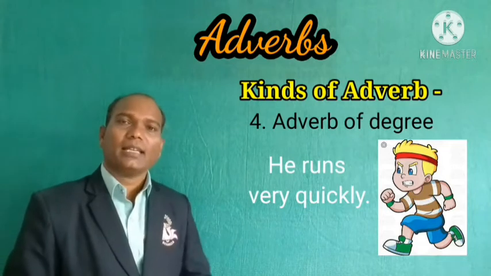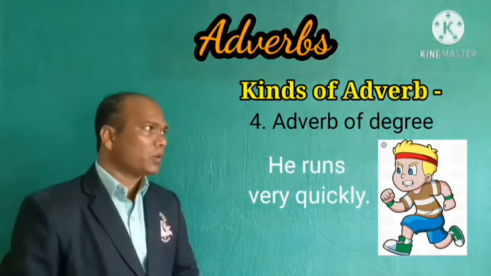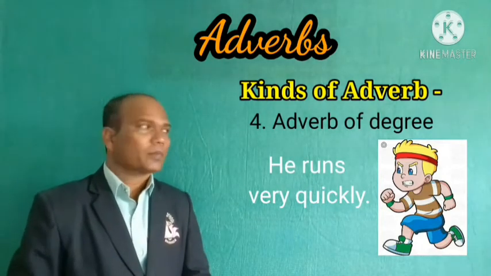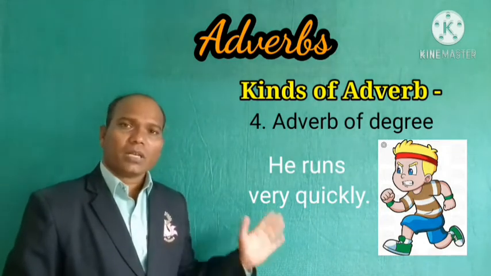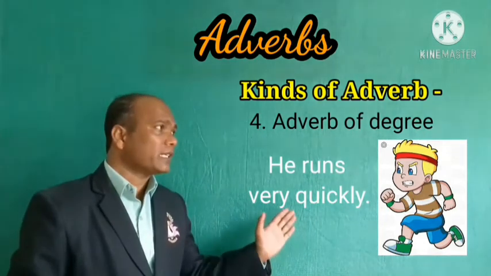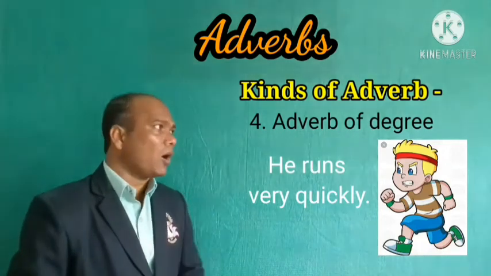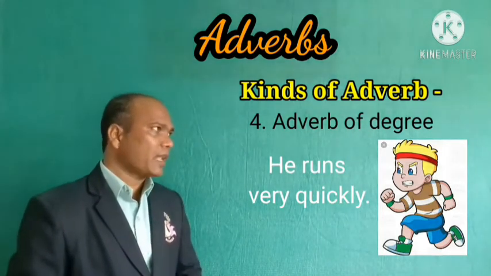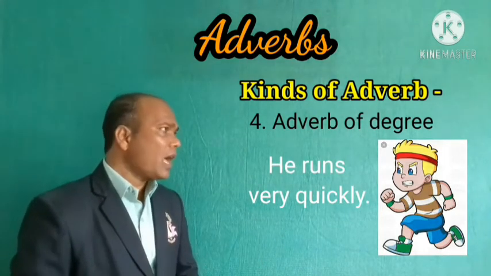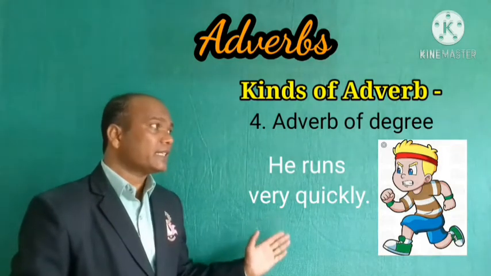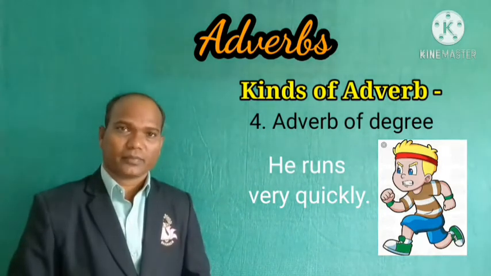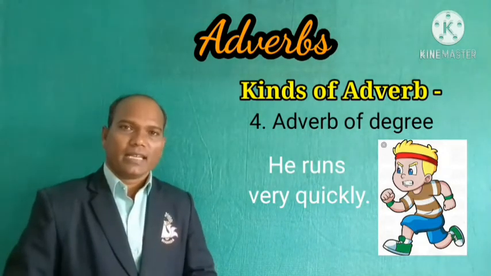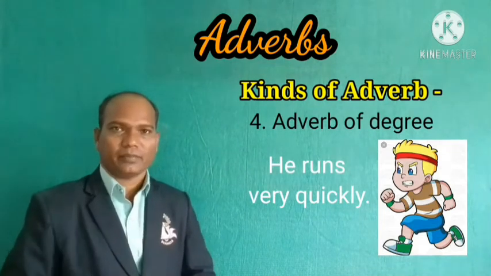In this sentence, the word very is an adverb of degree because it shows the degree of an action of its verb. For example, how much does he run quickly? Answer: very quickly. That's why very is an adverb of degree.